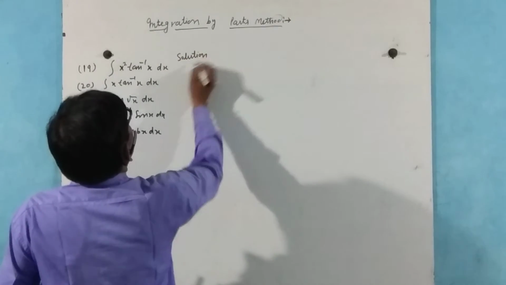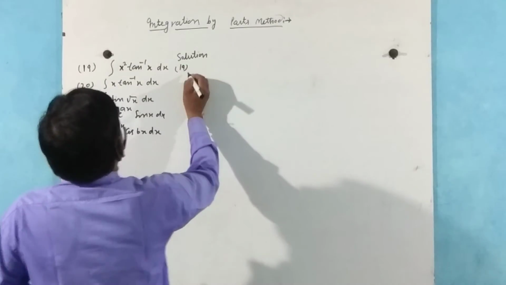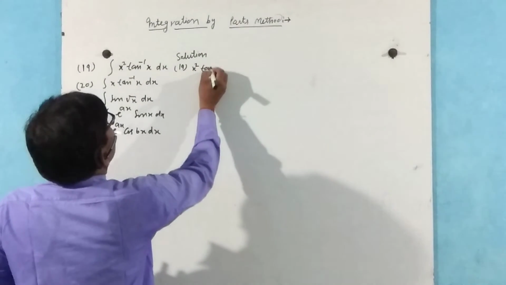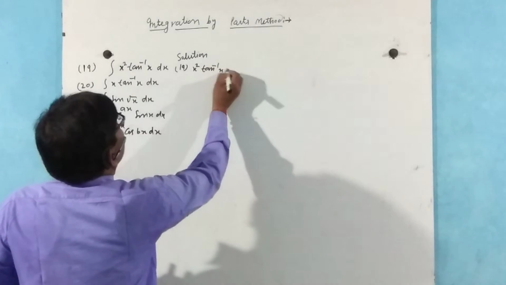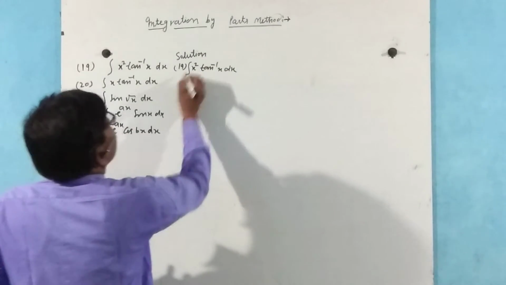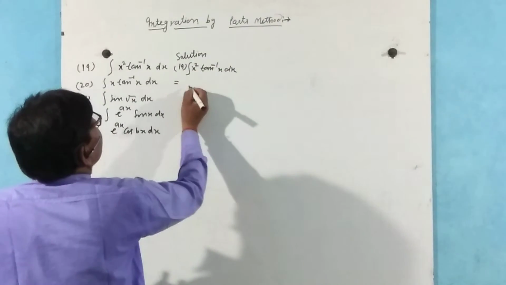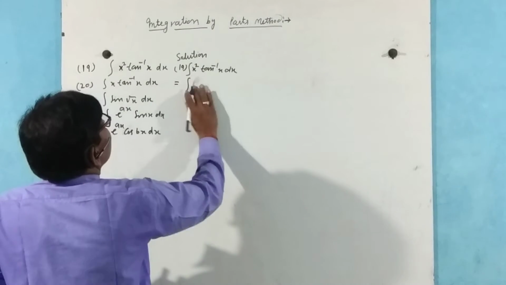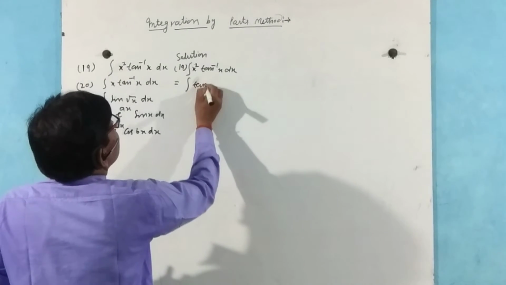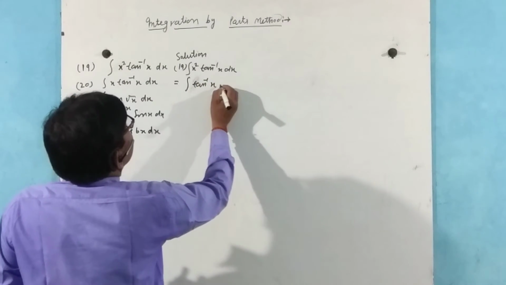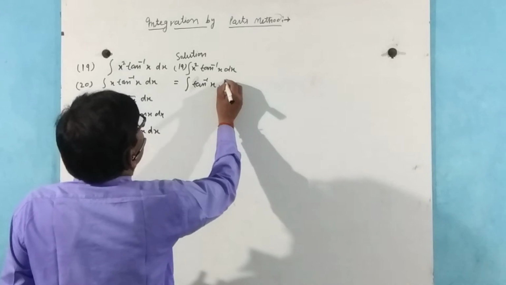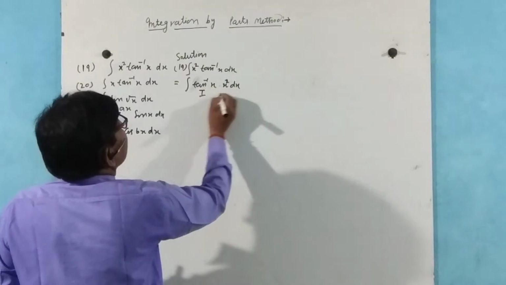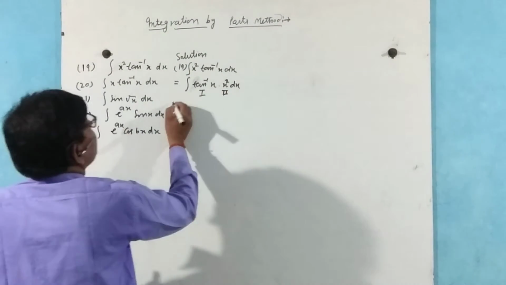Solution. Question 19: the integration of x square tan inverse x dx can be written as the integration of tan inverse x into x square dx. This is the first function and this is the second function.